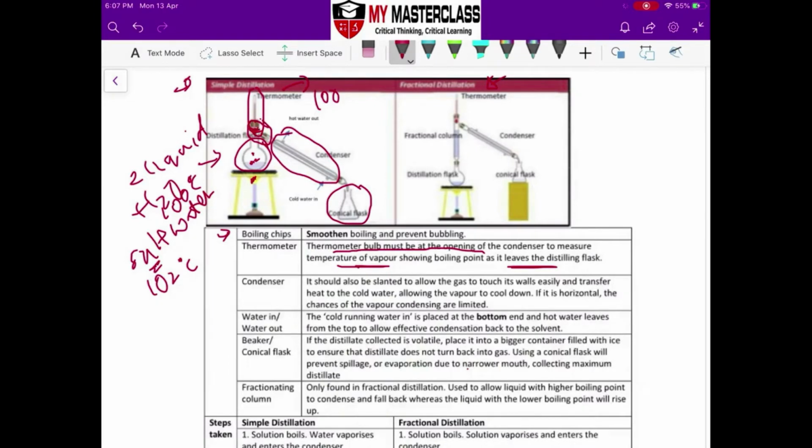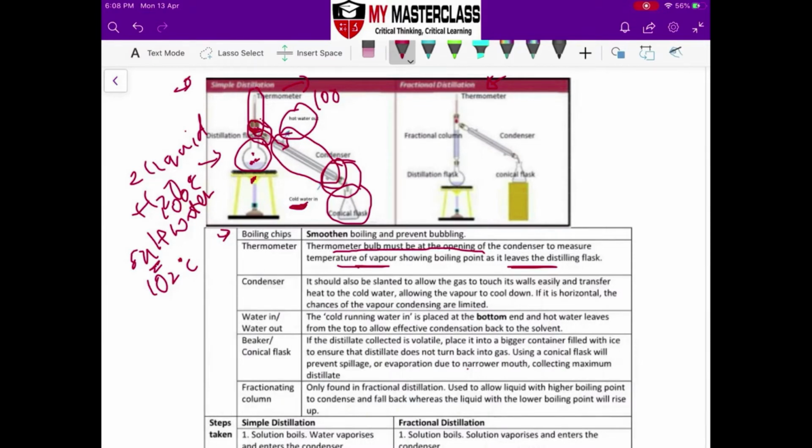When they turn into water vapor, they enter the condenser. And what is happening in the condenser? There's cold water entering at the bottom, and my hot water is constantly being pumped out. Cold water is usually found at the bottom near where we are collecting, because this allows for effective condensation. My hot water will constantly be pumped out at the top.